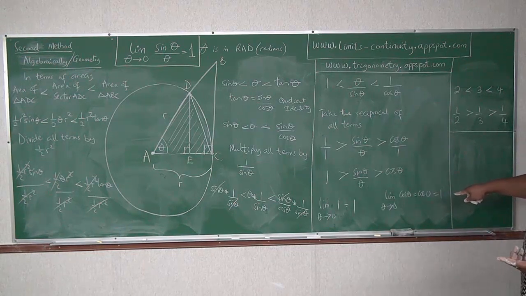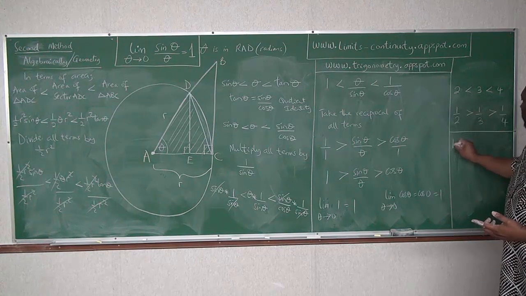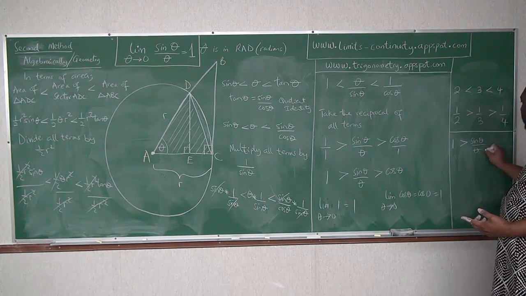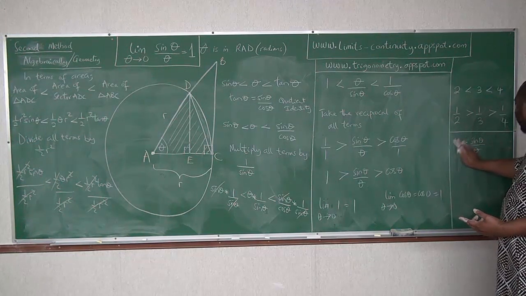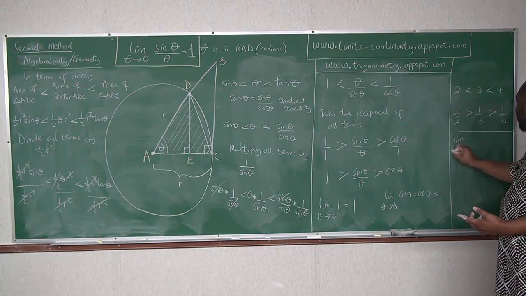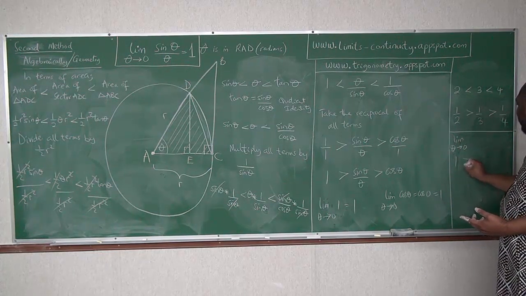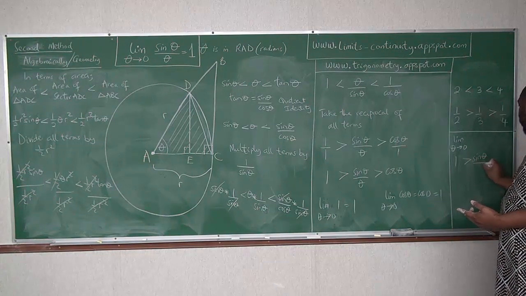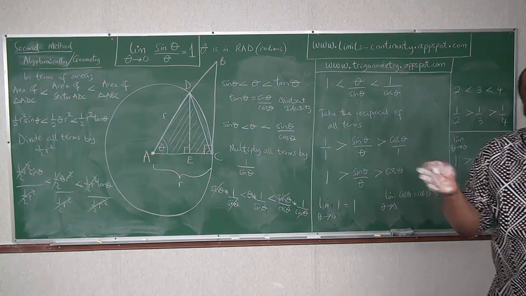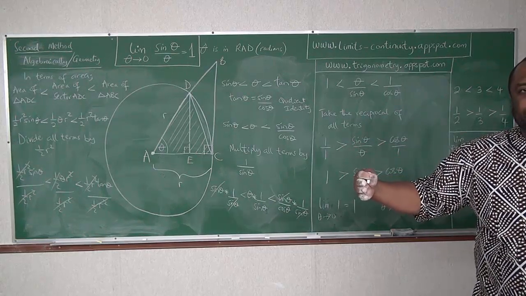So now you see that we have 1 greater than sine theta over theta from the limit. If we now take the limit as theta approaches 0, this will give us 1 greater than sine theta over theta greater than 1. So sine theta over theta is squeezed between bounds that both equal 1.